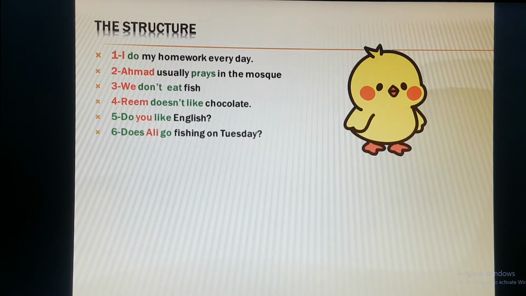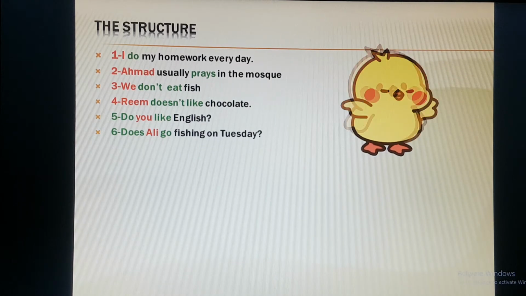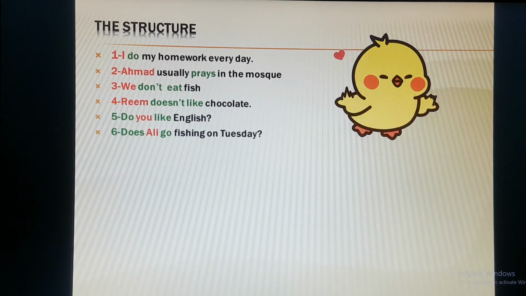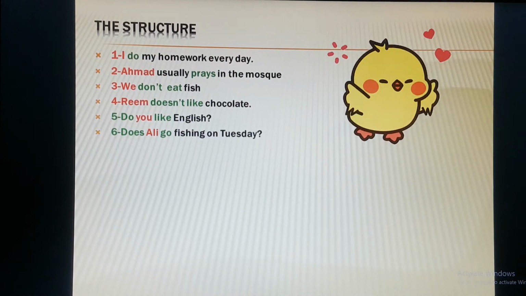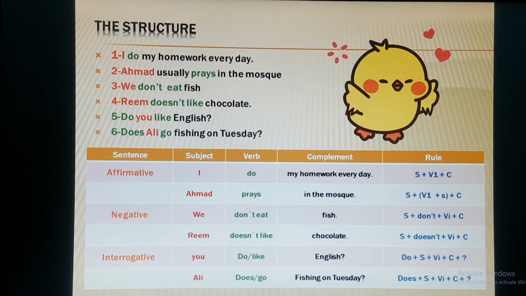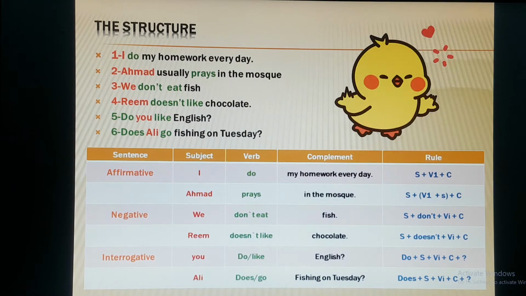Now let's have a look at the structure of the present simple tense. Here we have sentences. We are going to analyze these sentences in order to identify, نتعرف على, the structure of the present simple tense. Here we have this dialogue to help us analyze each sentence.